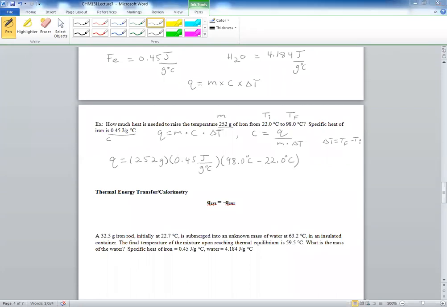So if you go on and do this calculation, you would get 8618.4 joules.